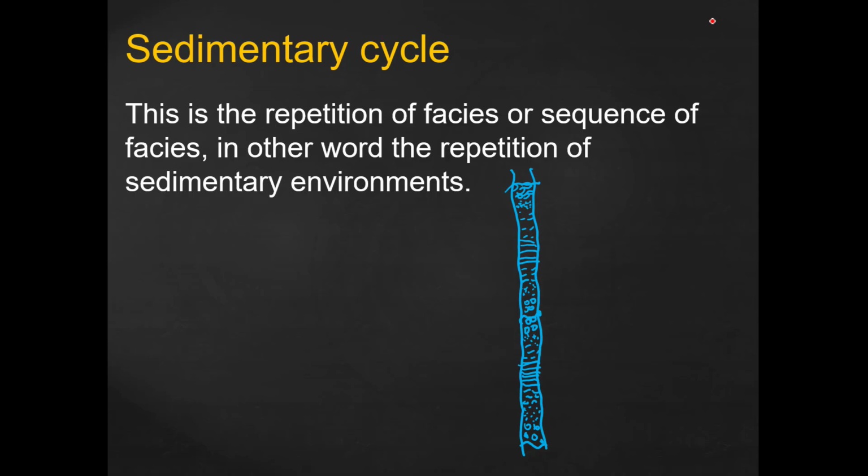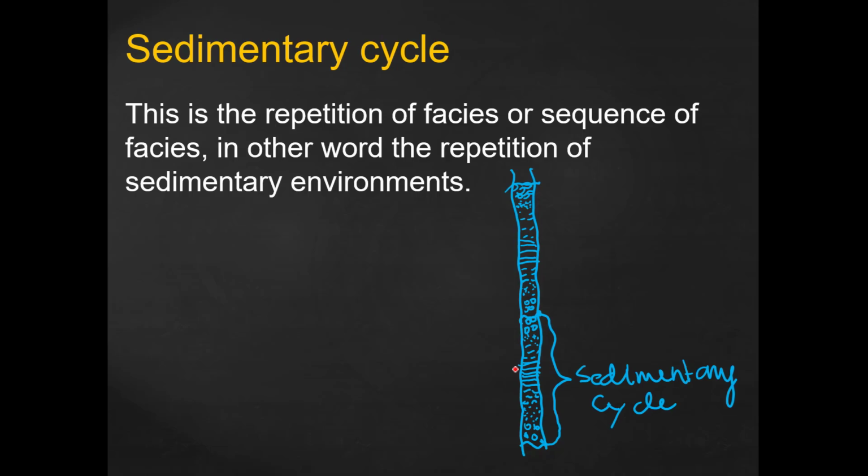So what you can see after I drew this borehole and the sediments in it is that right here it starts with an erosion, and then it goes into clay, and then it goes to another erosion. So altogether, this is what we call a sedimentary cycle.